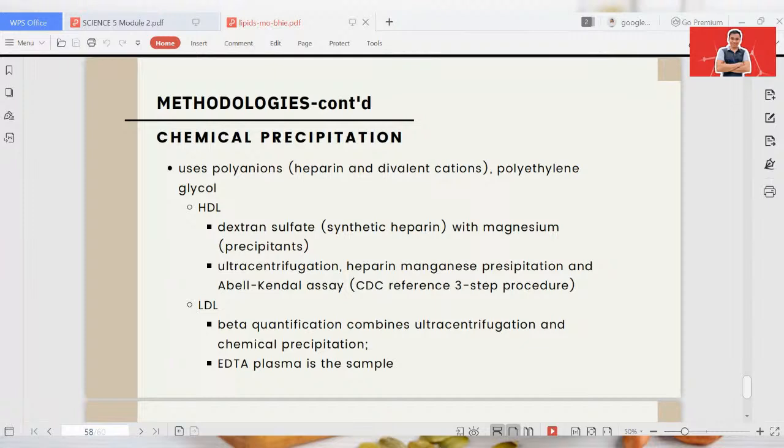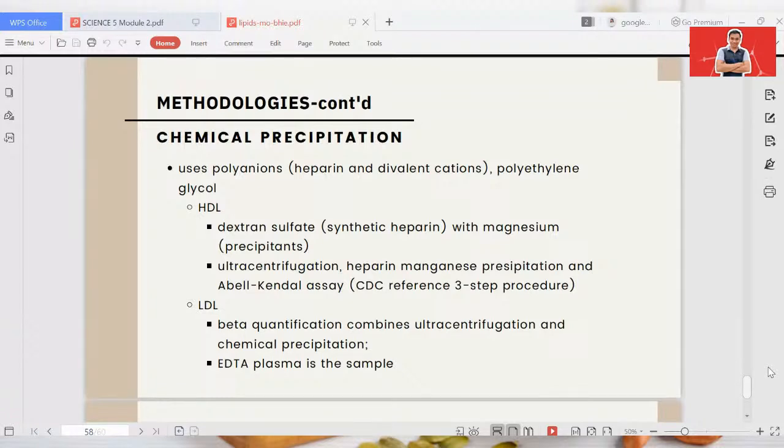So next is the chemical precipitation. Chemical precipitation is the process of conversion of a solution into solid by converting the substance into an insoluble form or by making the solution a supersaturated one. It is usually used with polyanions such as heparin and divalent cations and polyethylene glycol.